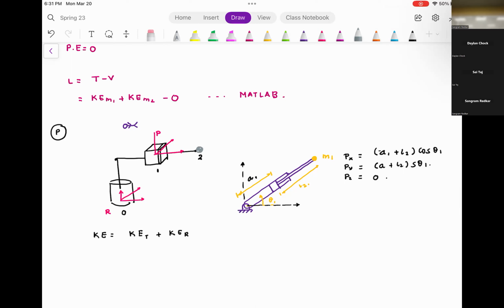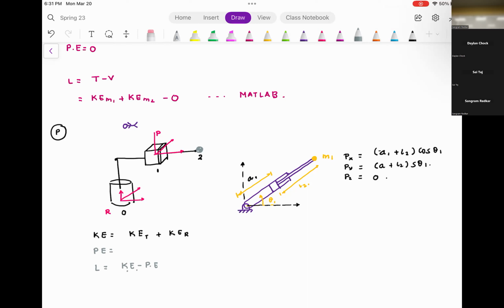I would find out all the displacements, and then take the derivative of those displacements, and then find out the total kinetic energy, and I will find out the total potential energy, and finally you find the Lagrangian as kinetic energy minus potential energy.